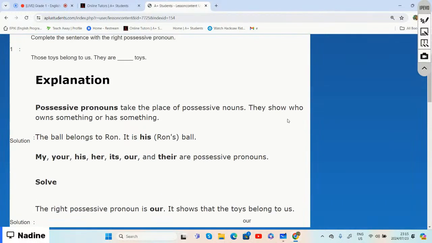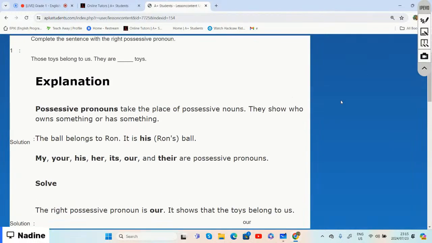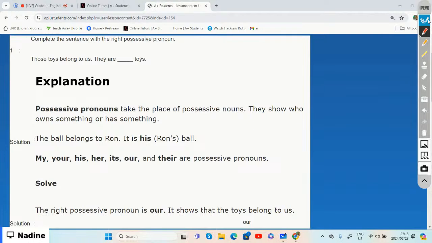So once again, a possessive pronoun, which is our chapter for today, takes the place of a possessive noun. And remember, we said a pronoun takes the place of a noun.